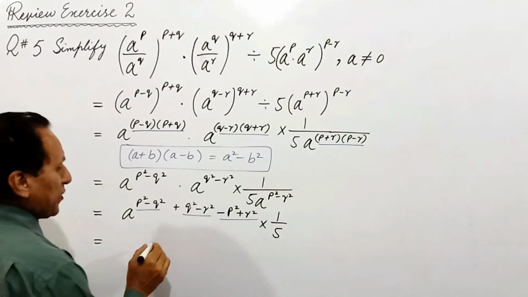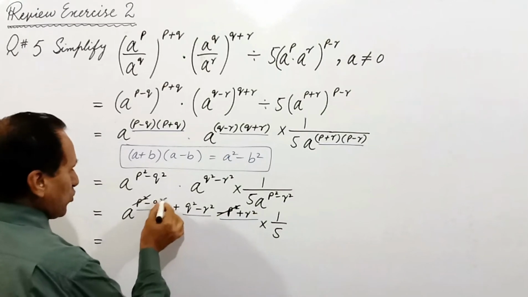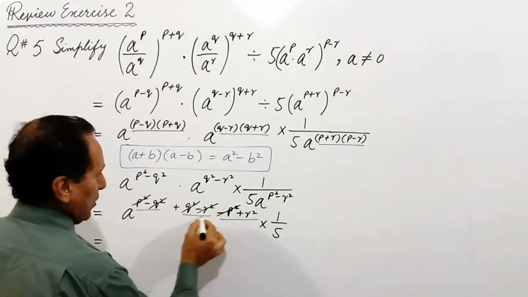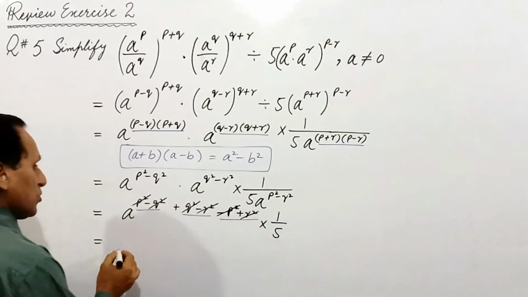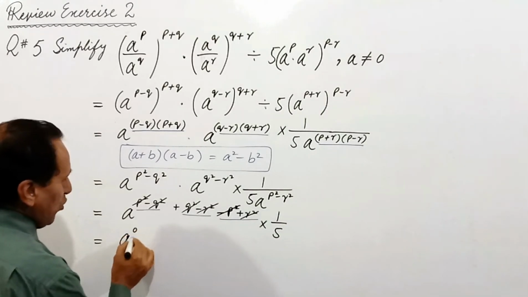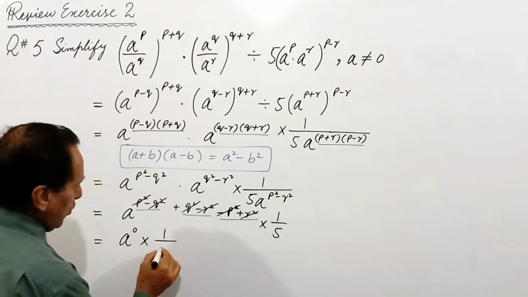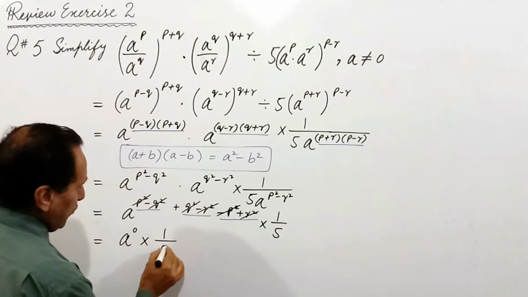Like terms having different signs are cancelled. P square is cancelled with p square, q square is cancelled with q square, r square is cancelled with r square. So hence we are left with 0 in the power. So we have a raised to power 0 multiplied by 1/5.